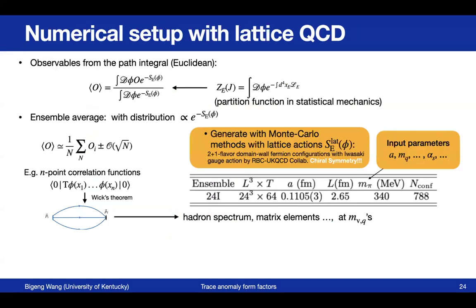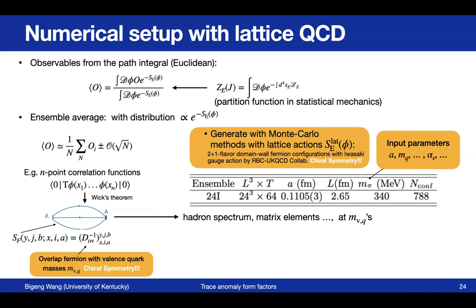Finally, something specific on the numerical side: in order to preserve the chiral symmetry, we use the domain wall fermion configurations with such input parameters, and also other parameters like how many configurations we use. On the other hand, to obtain these propagators on the lattice, we also need a fermion action which also preserves the chiral symmetry.